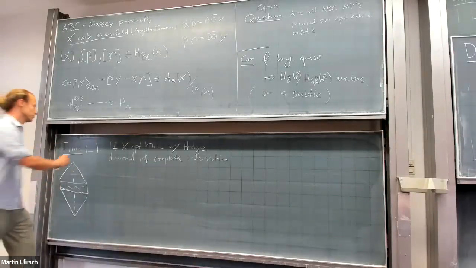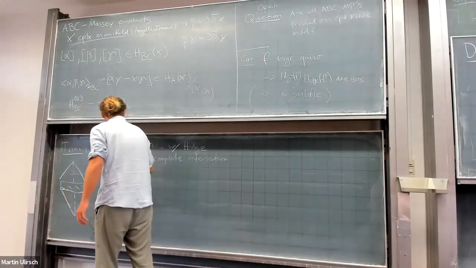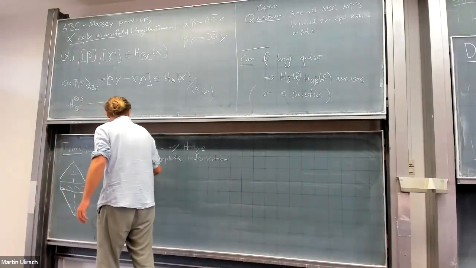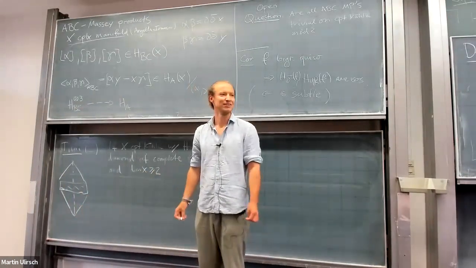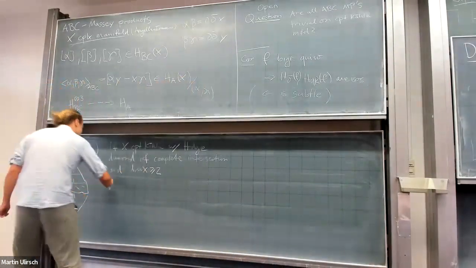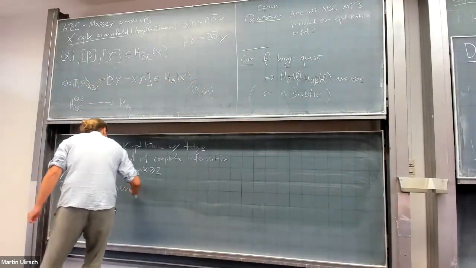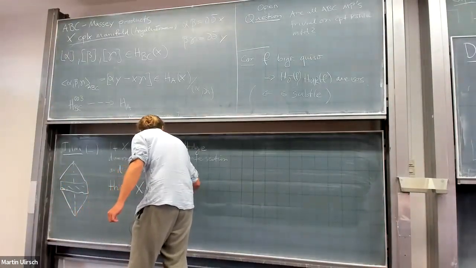So if that is true, and X has dimension at least 2, so we exclude Riemann surfaces, then X is strongly formal.